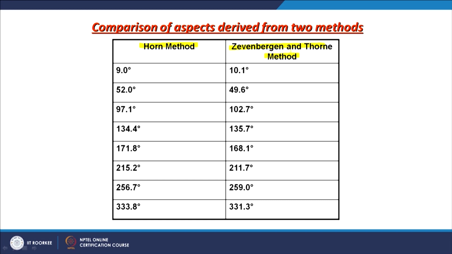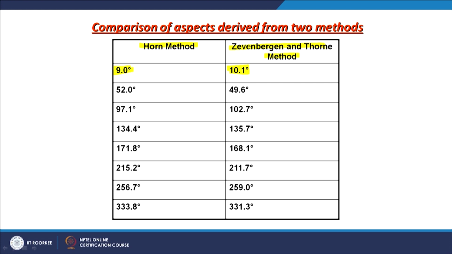So, two such aspect maps were generated using the same digital elevation model, and a few cells were randomly identified, which have been explored further to see what values they carry for the aspect. Here in the Horn method it is coming, say, 9 degrees for one cell, while for the same cell in the Jevons-Burgon and Thorne method it is coming 10.1.